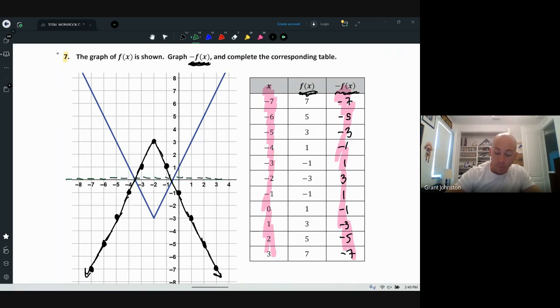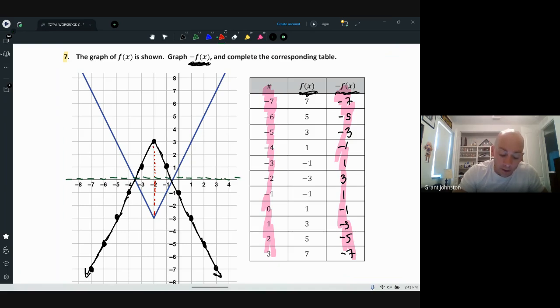And I keep using the word flip, but the mathematical term is what we really call it. We call this a reflection. It reflects over the x-axis. And I know you've done reflections back in pre-algebra, so you should have some familiarity with reflection. So for instance, if this vertex is 3 points from the x-axis, you would reflect it 3 points up here as well.